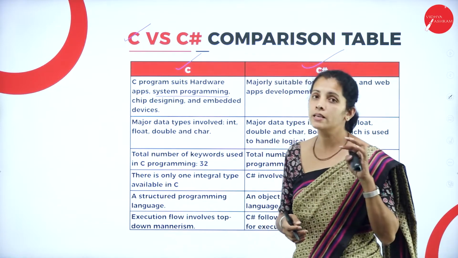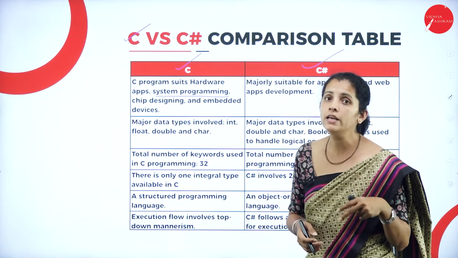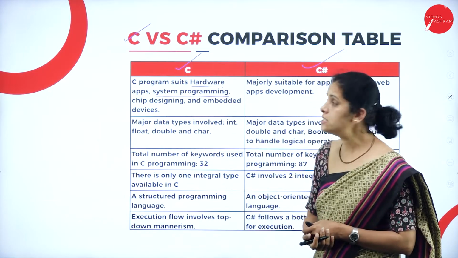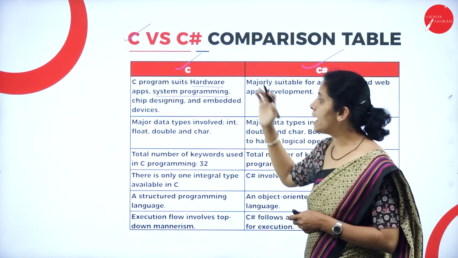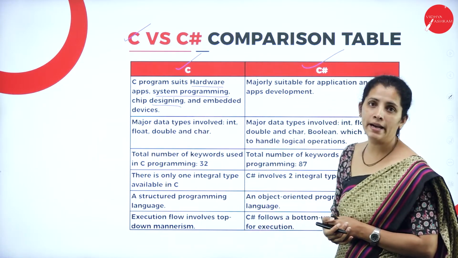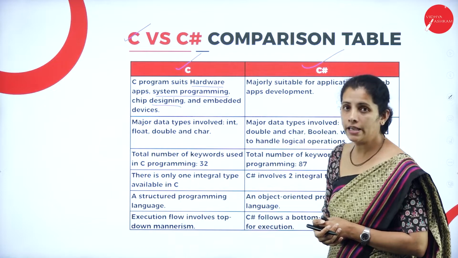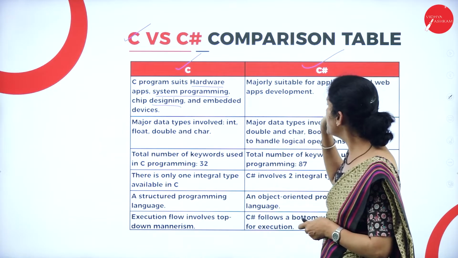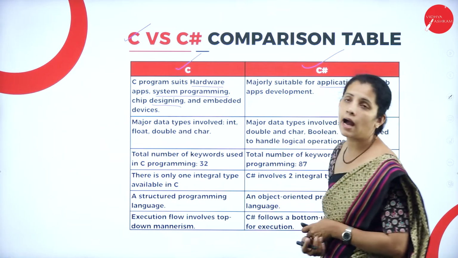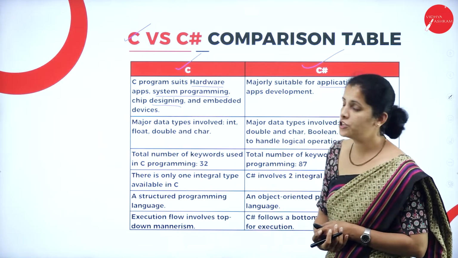That means C programs are mainly used to design hardware applications, system programs, chip designing and embedded devices. And here C# is mainly used to develop applications and web applications.